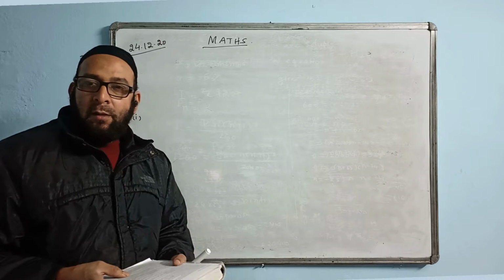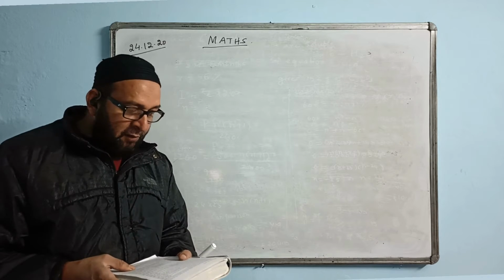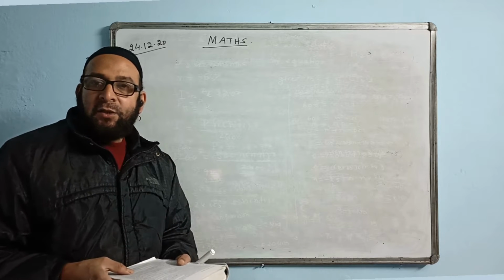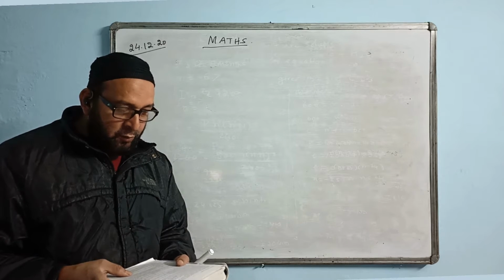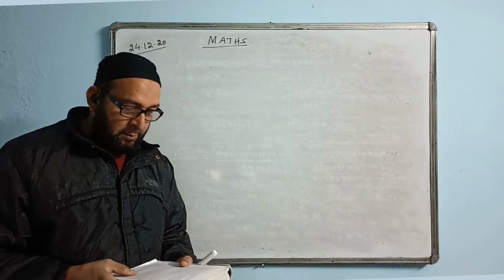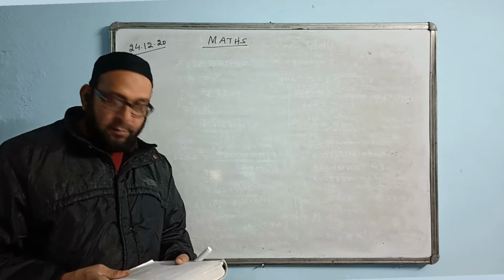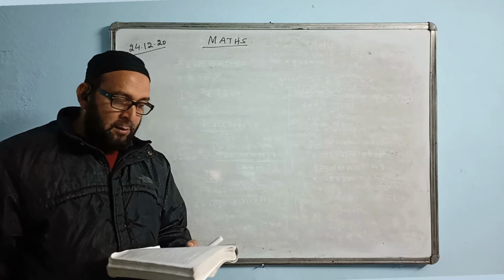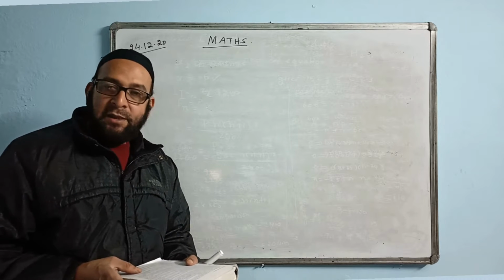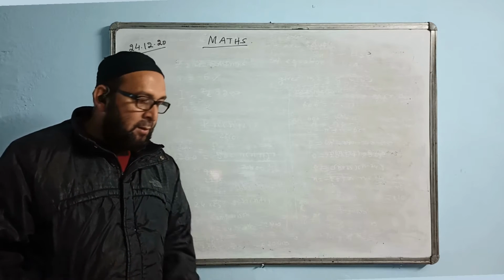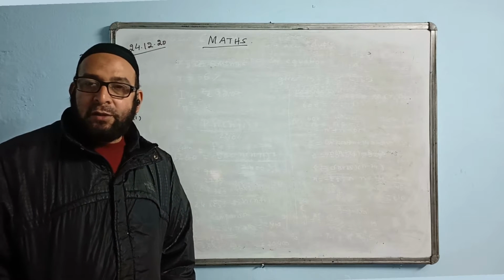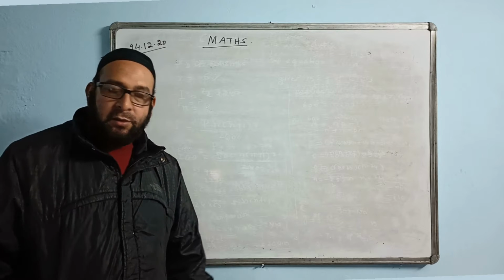Stop. If he gets rupees 66250 at the time of maturity, find number 1, the interest paid by the bank, and number 2, the rate of interest. Second part, the rate of interest.